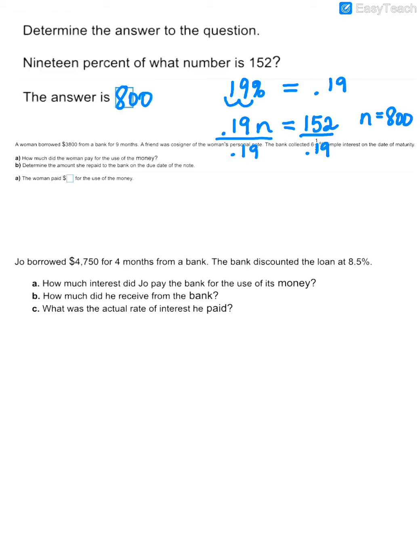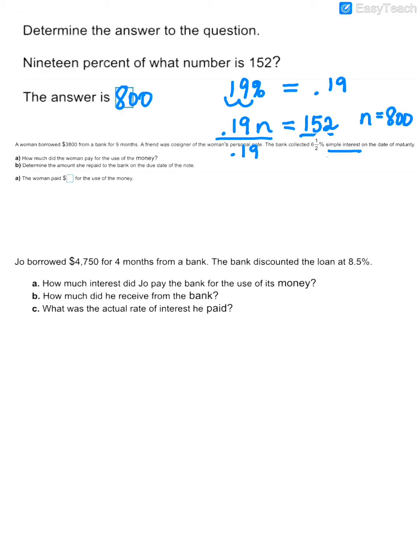Okay. On our next question, we have a woman that borrowed $3,800 from a bank for 9 months. A friend was a cosigner of the woman's personal note. It tells me that the bank actually collected 6.5% simple interest on the date of maturity, and they want to know how much did the woman pay for the use of the money.